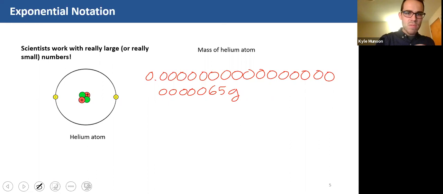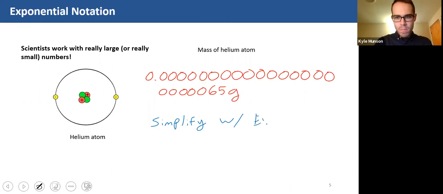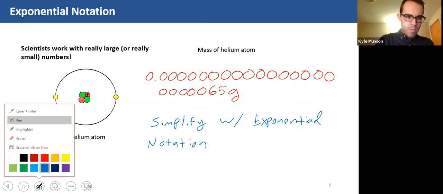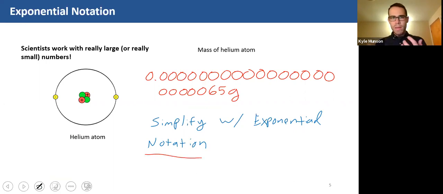Okay, so we're going to simplify with exponential notation. All right, we want to be able to describe, again, these really big and really small numbers in ways that are more manageable for us.